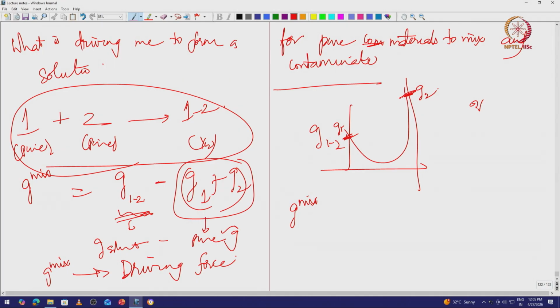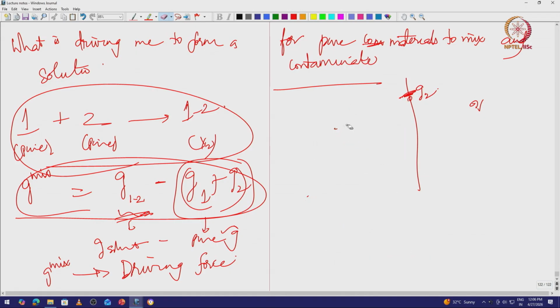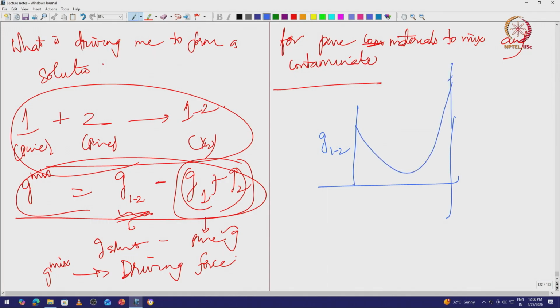Now, let us plot each of these terms, right. G12 has been plotted. What is G1 plus G2 as a function of composition? Let us plot it on the same curve, that becomes more illustrative. This is G12, the average G, capital G by N, the average Gibbs free energy.